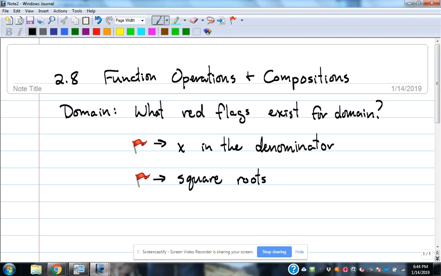Or what kind of numbers cause a problem with square roots? The I, where did the I come from? Square root of what? Negatives. So when we're talking about domain with square roots, we're trying to find the x values that keep stuff positive or zero.